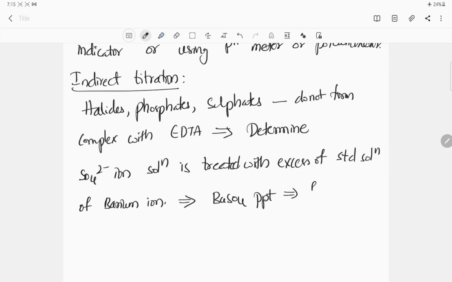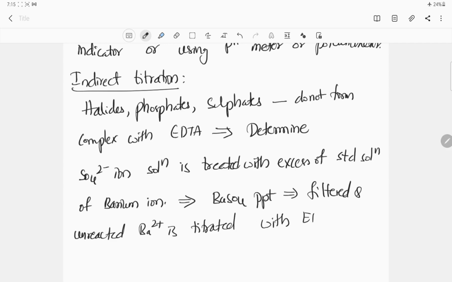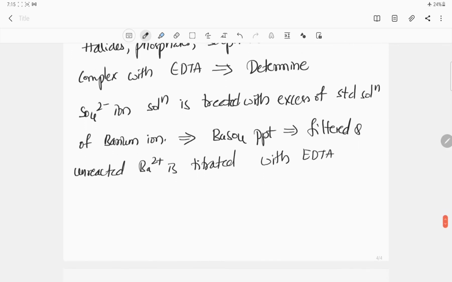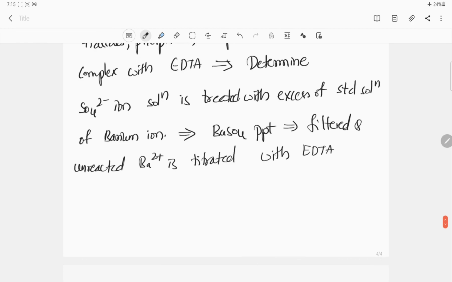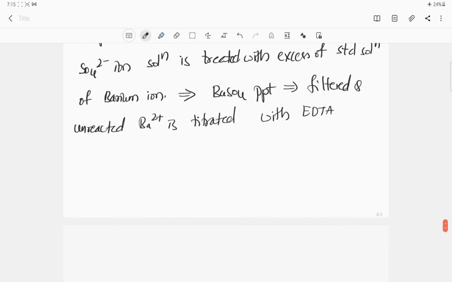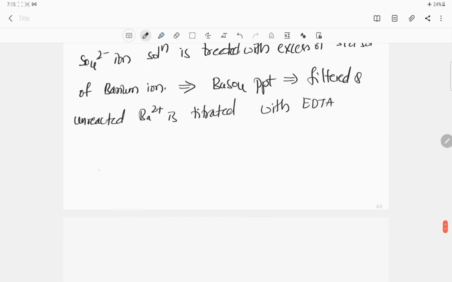This is filtered and the unreacted barium is titrated with EDTA. In this way, we are able to indirectly determine the amount of sulfate present in the sample.